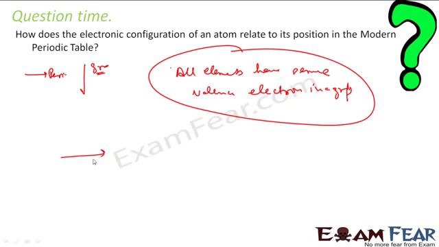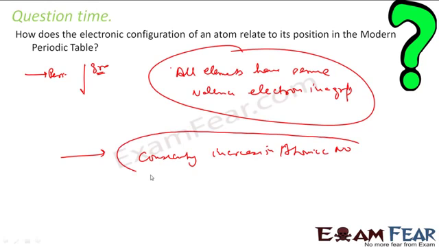If we talk about periods, there is a consecutive increase in atomic number as you go from here to here.